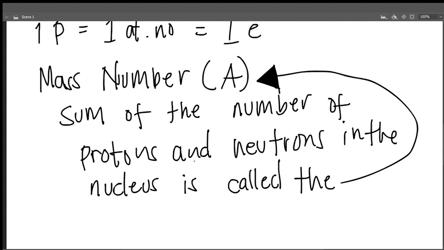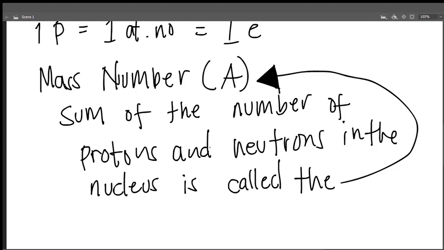Most of the mass of an atom is concentrated in the nucleus since it contains the neutrons and protons, and electrons are only 1 over 1,837 the mass of either of these nuclear particles.